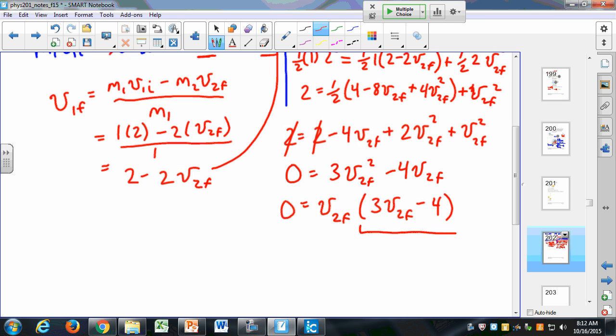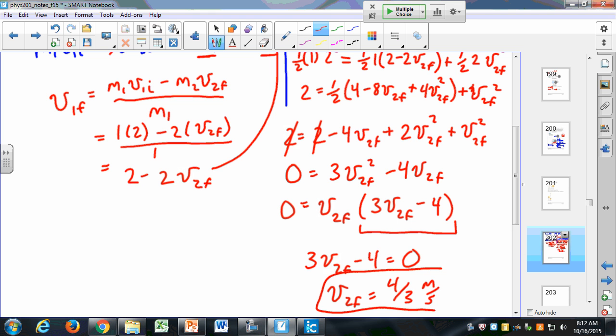And then I solve this. I say 3 V2F minus 4 equals 0 and solve that for V2F. So V2F can either be 0 or it can be 4/3. We don't have any way to tell which it is.